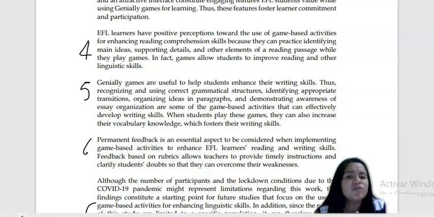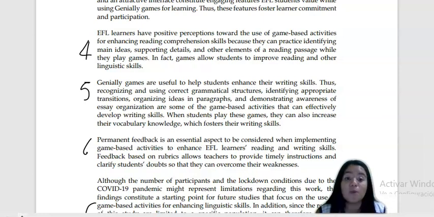The implementation of game-based activities motivates students and improves their reading and writing skills, which is related to what was cited in the literature review. Number 4, the students have positive perceptions toward using game-based activities.